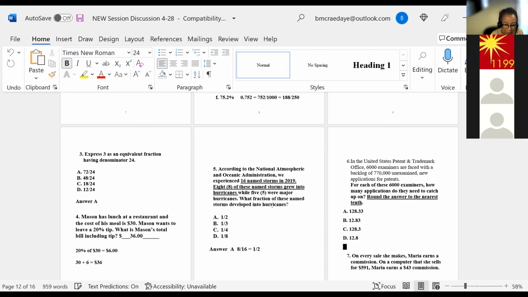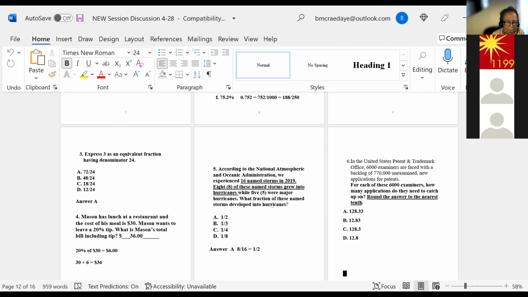In the United States Patent and Trademark Office, 6,000 examiners are faced with a backlog of 770,000 unexamined new patent applications.